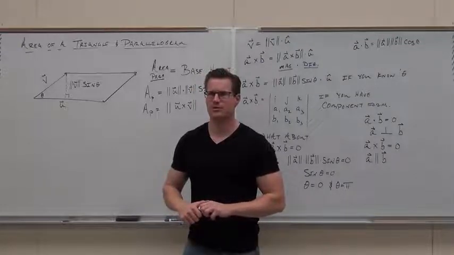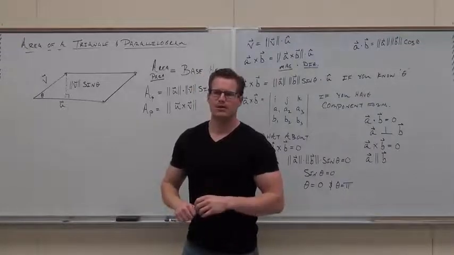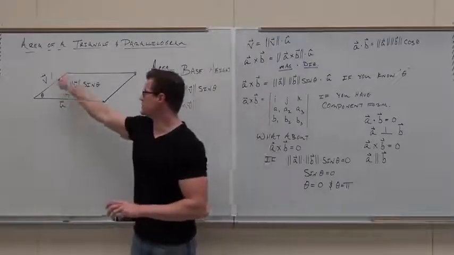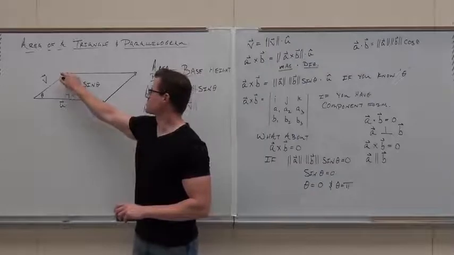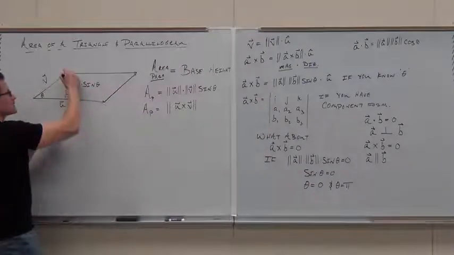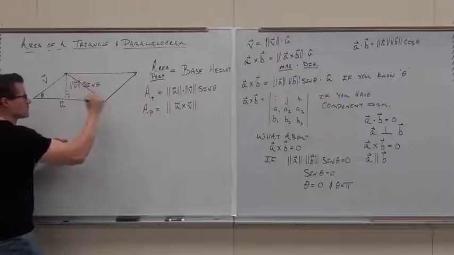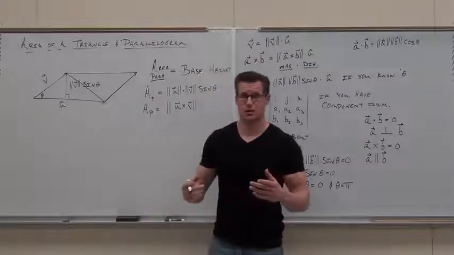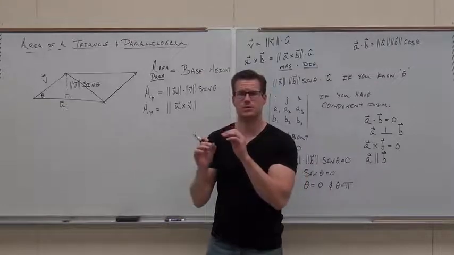You guys okay with the proof on that one? How about this? What's the area of the triangle that's bordered by these two vectors? Remember, the triangles cut parallelograms like that. What would the area be for a triangle that's bordered by V and W?